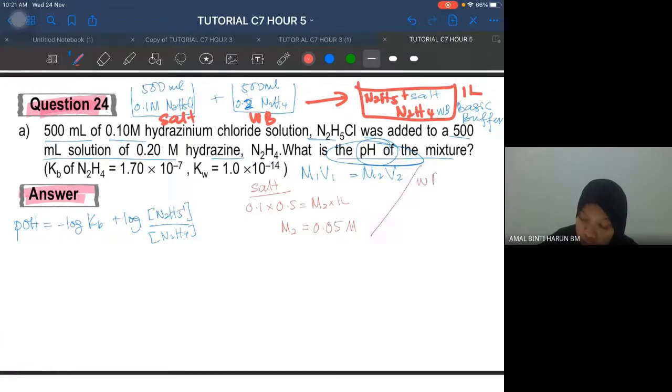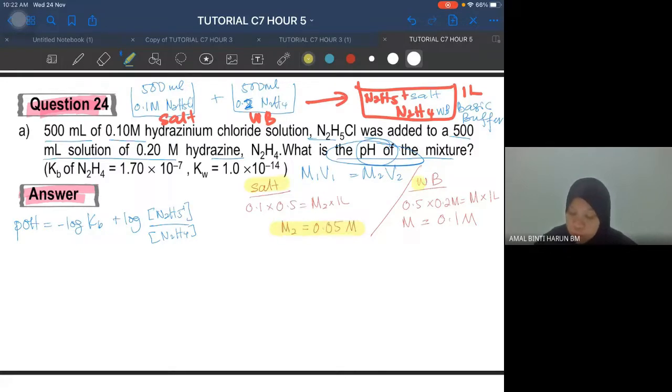Kalau weak base, initially it is 0.5 liter times 0.2 molar equal to molarity yang baru, volume dia 1 liter. So molarity yang baru adalah 0.1 molar. Okay. So yang kita sedang cari ni adalah molarity salt, molarity weak base. Setelah kita campurkan yang ni, yang dah jadi buffer.